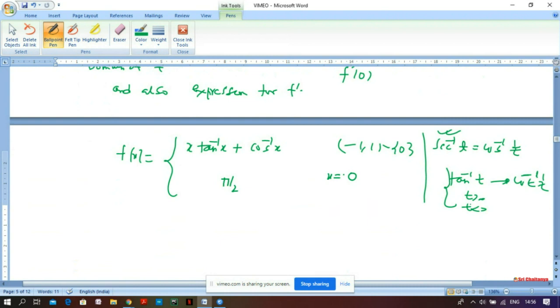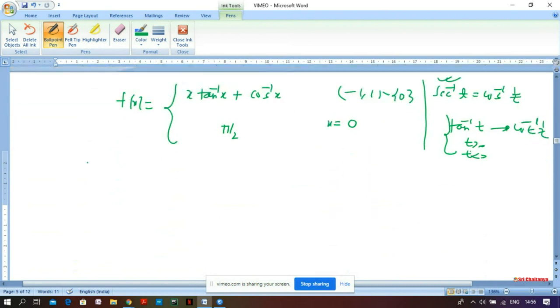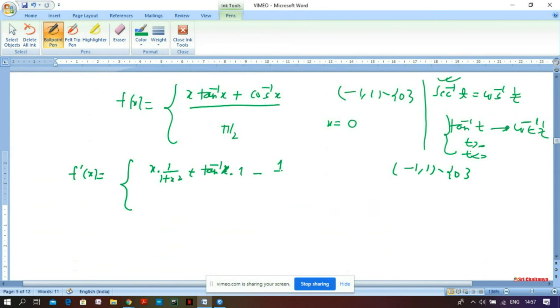This is all right. Now I will find f prime x. It so happens that in the interval minus 1 to 1 with 0 removed, this function is made up of differentiable functions, so I can simply differentiate. I will get, by the product rule, x times 1 upon 1 plus x squared plus tan inverse x times 1, and this becomes negative of 1 upon square root of 1 minus x squared.